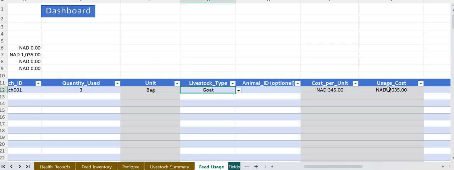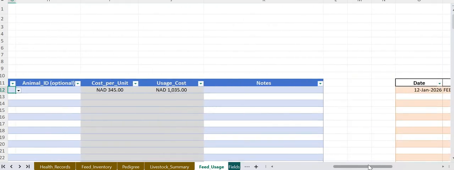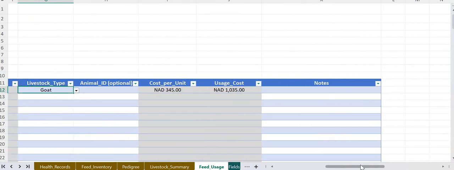These 3 bags, this is what it costs you. So meaning that when you come to the breakdown, it will tell you that goats so far have cost you 1,035 to feed them. Right? And then you come and put in whatever notes you want to put in there.